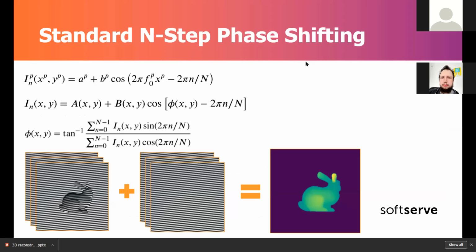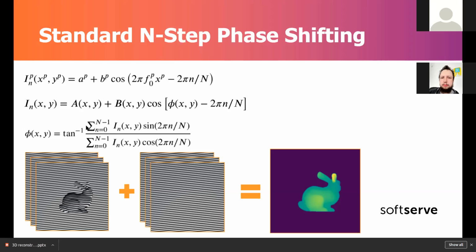So standard n-step phase shifting looks like I said, we have a sinusoidal signal that is shifted by an equal step period, and then we project those patterns on the desired object, capture the result, and using the formula for phase that uniquely decodes the depth, we can achieve this phase, but there is one problem that will be mentioned.